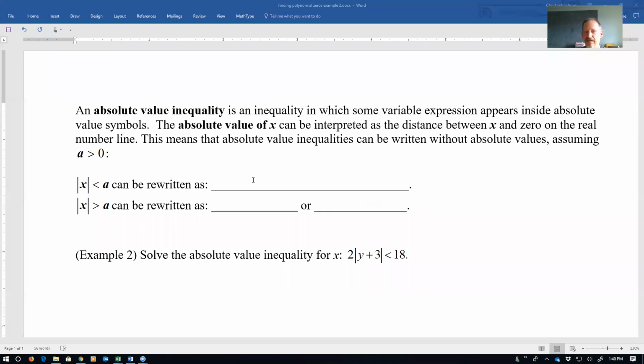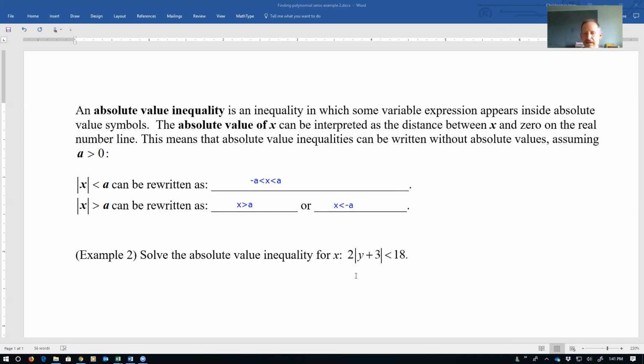I can rewrite this statement into either a compound inequality or simply negative a is less than x is less than positive a. When I have absolute value of x is greater than a, that's the distance between x and 0 on the number line is going to be greater than a. So we're talking about the ends here. So I can write this as either x is greater than a or x is less than negative a. So they will be the ends of our interval.